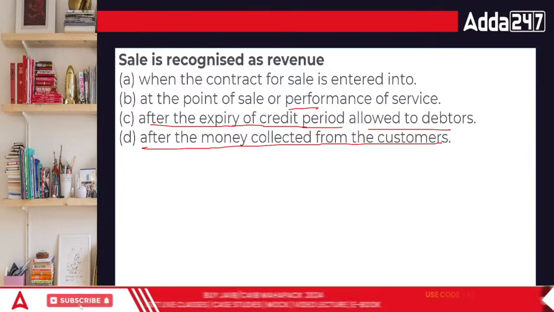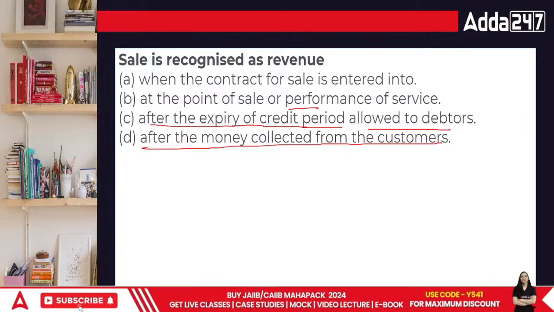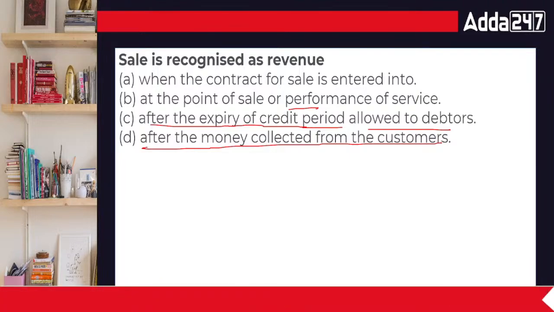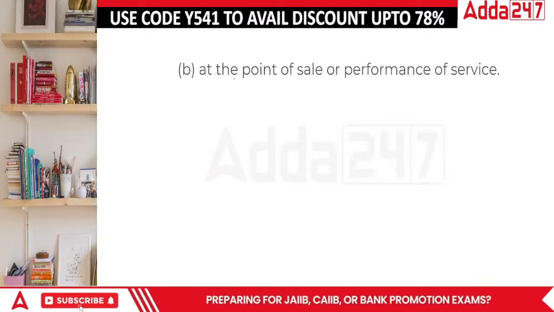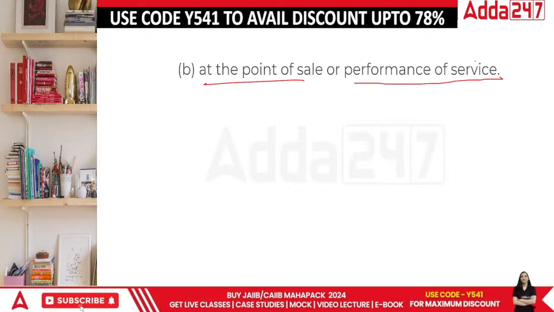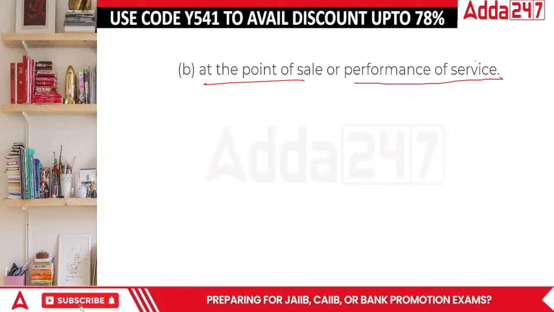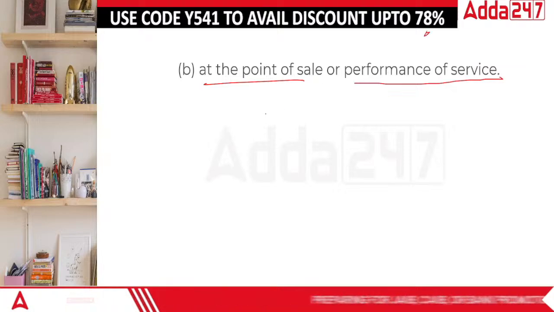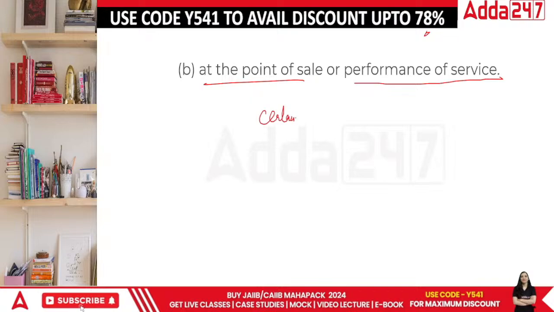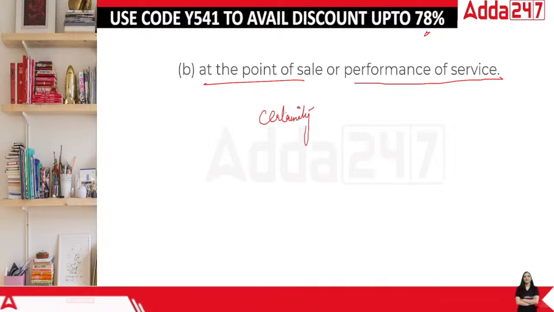That is covered here. Sales recognizes revenue at the point of sale or performance of service. It is about the certainty that we will receive this money in our future.